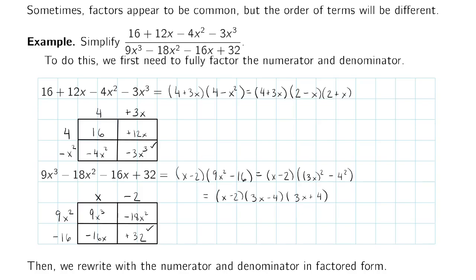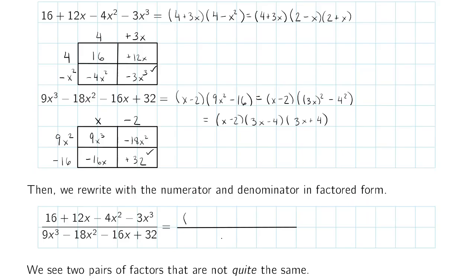So when we rewrite our rational expression with the numerator and denominator in factored form, our numerator factored as 4 plus 3x times 2 minus x times 2 plus x.